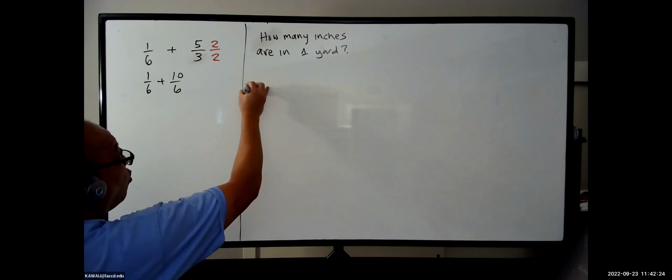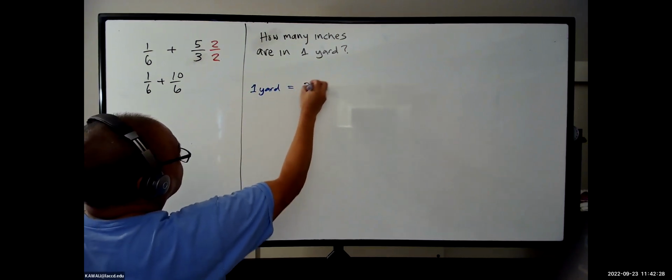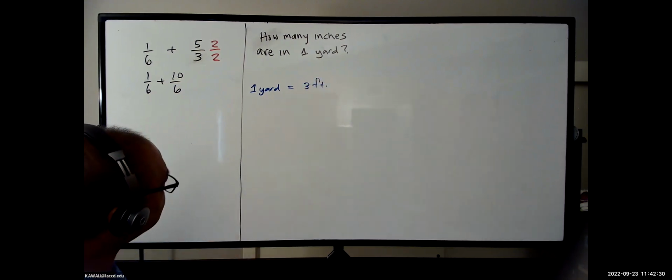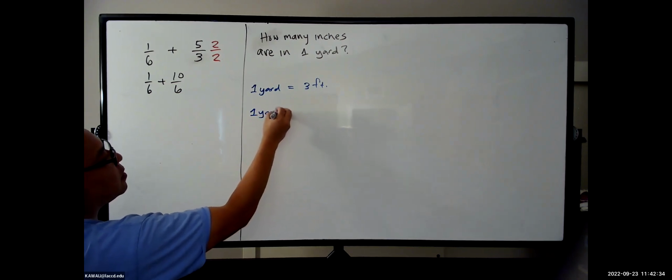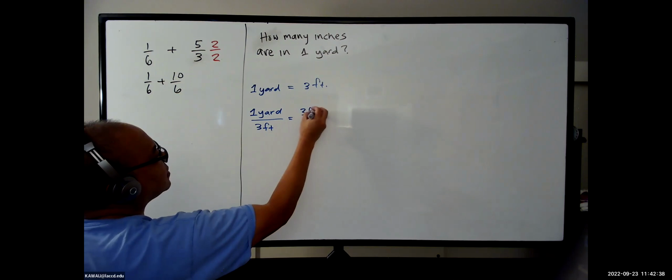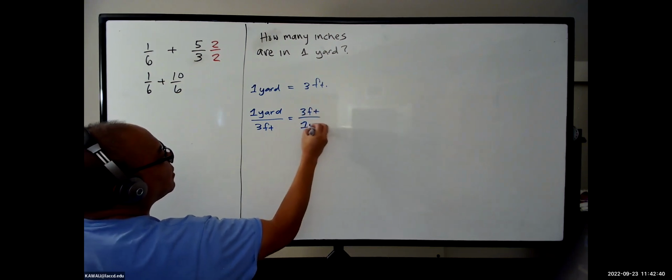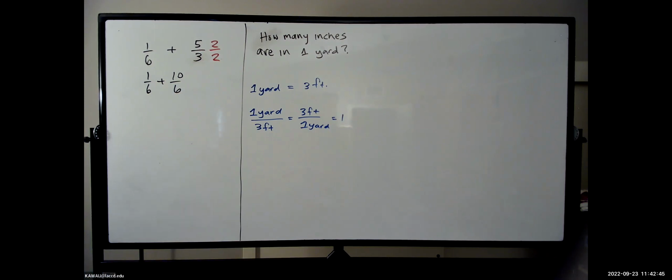We have 1 yard is equal to 3 feet. So I can think of this as 1 yard over 3 feet is equal to 3 feet over 1 yard. They're the same amount. They would cancel each other out and become 1.